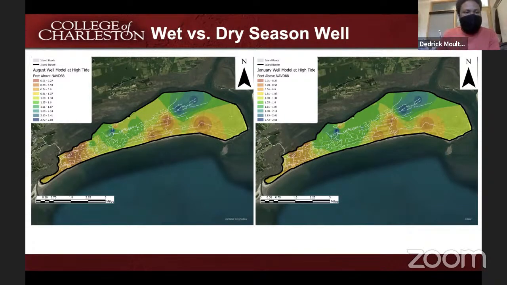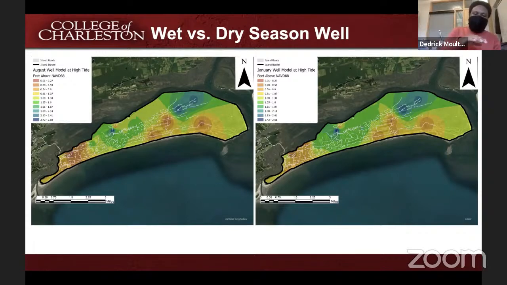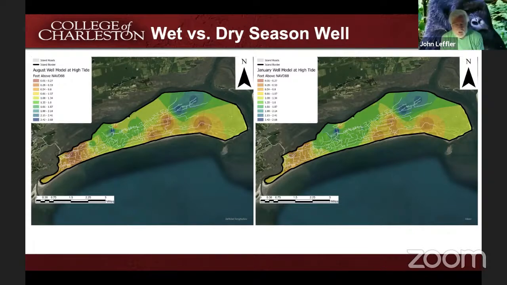So yeah, DJ, these maps that you're showing us, I'm not clear what "feet above NAVD 88" is. Is that water level or land elevation? What is water level above NAVD 88? So this is groundwater level above that.